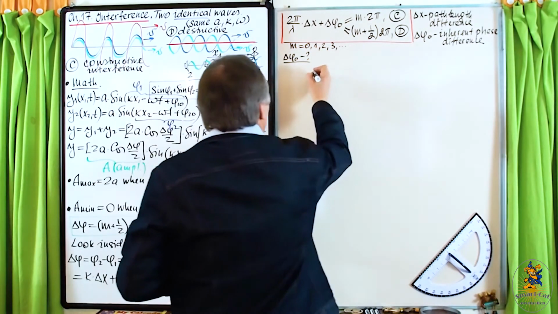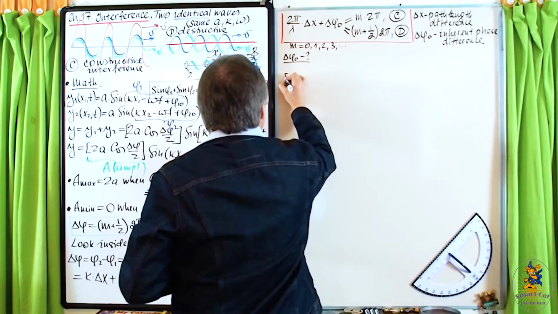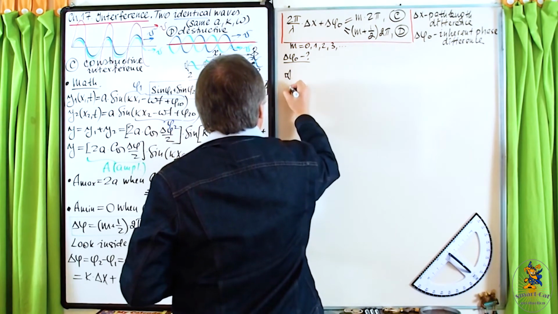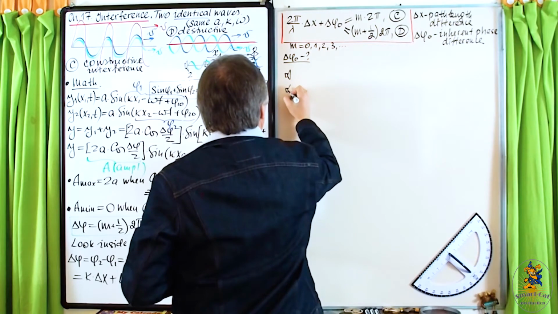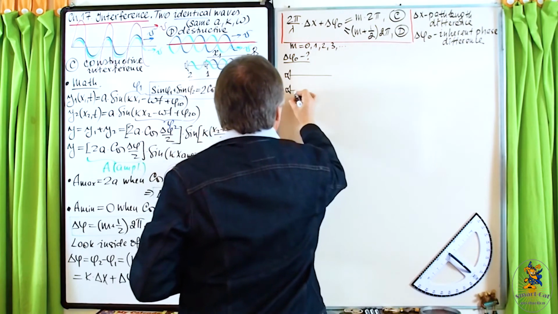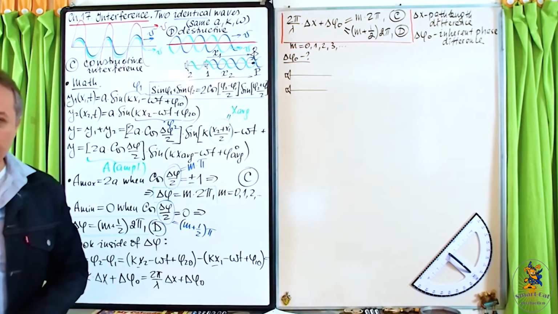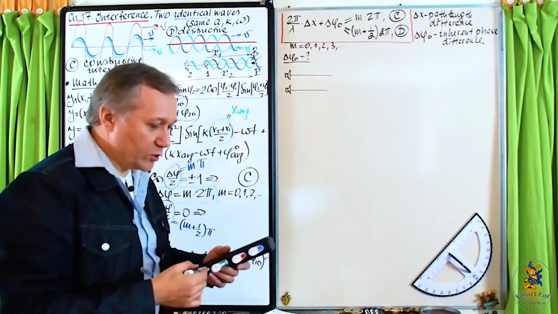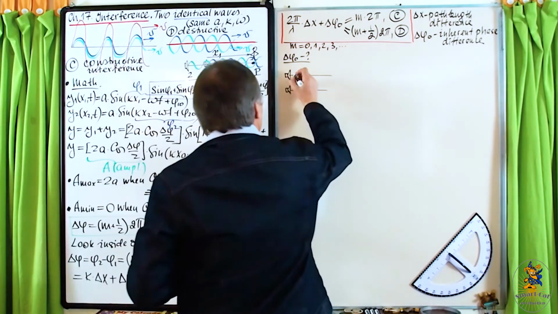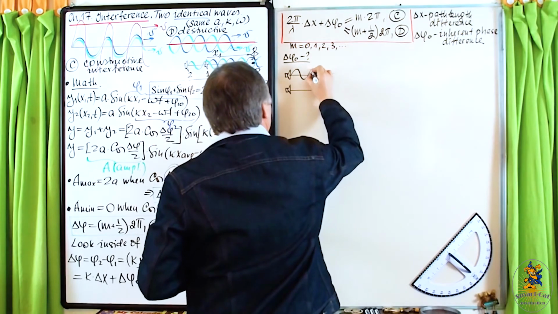Situations. First, let's assume that we have a couple of speakers, speaker number 1 and speaker number 2. Let's assume this situation. They generate these waves.